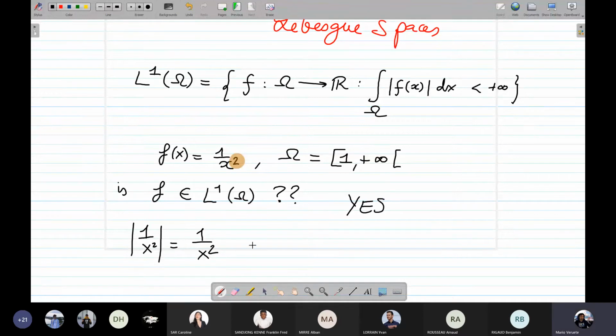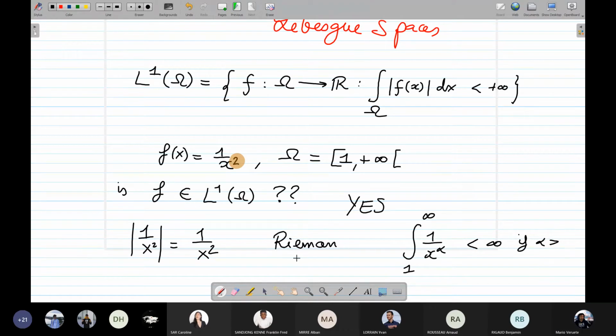And when you were in second year, you saw the Riemann integrals, the integrals of the form 1 over x to the power alpha from 1 to infinity. Those integrals converge if alpha is strictly bigger than 1.